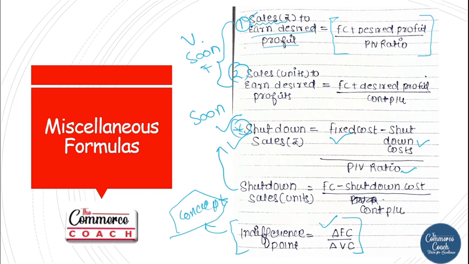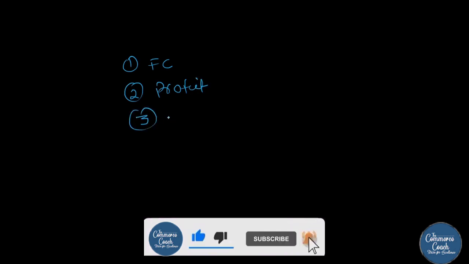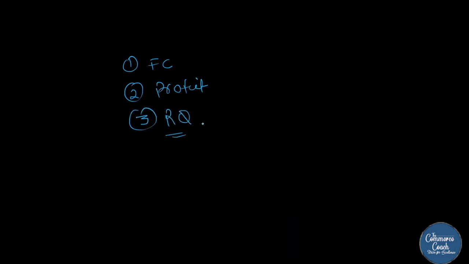So today you have learned a lot. What have you learned from this lecture? First of all, you have learned all the formulas for fixed cost, then for profit, then a formula to find required sales in units and in absolute rupees.